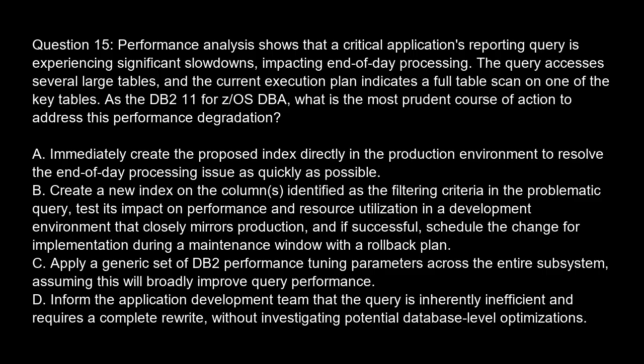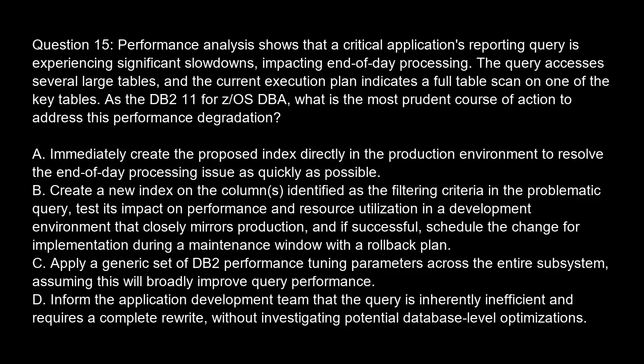Option A. Immediately create the proposed index directly in the production environment to resolve the end-of-day processing issue as quickly as possible. Option B. Create a new index on the column S, identified as the filtering criteria in the problematic query. Test its impact on performance and resource utilization in a development environment that closely mirrors production, and if successful, schedule the change for implementation during a maintenance window with a rollback plan.